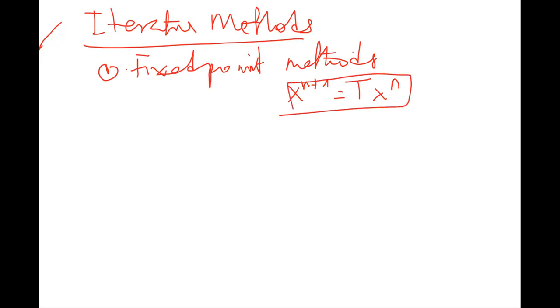And this is exactly how we try to write our iterative methods as well. So we try to write iterative methods kind of like fixed point methods, and then we use what we know from fixed point ideas to solve the same problems.